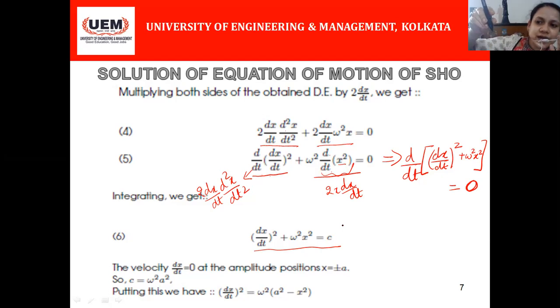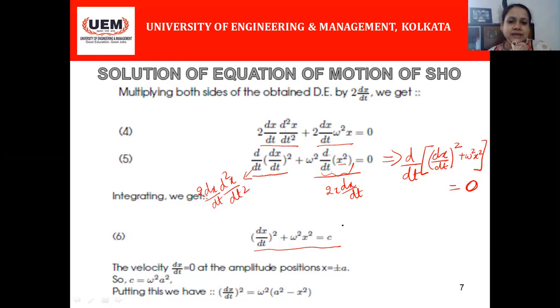Then when it reaches the amplitude, its velocity changes direction so that the particle can retrace its path. And since the velocity changes its direction at the extreme position, for an instant the velocity goes to 0 at the extreme position.